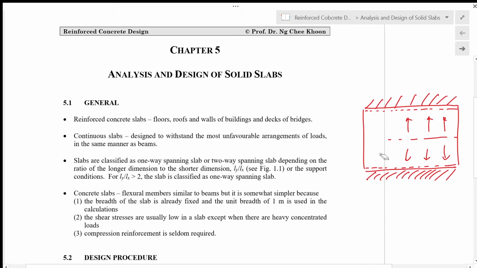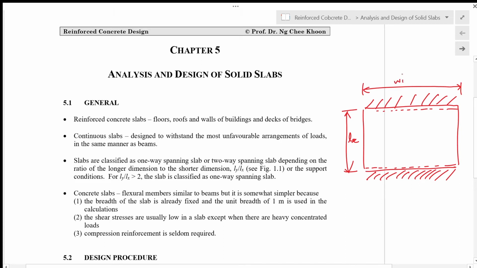In this case, the span of the slab is Lx, the shorter dimension, and this is the width of the slab.